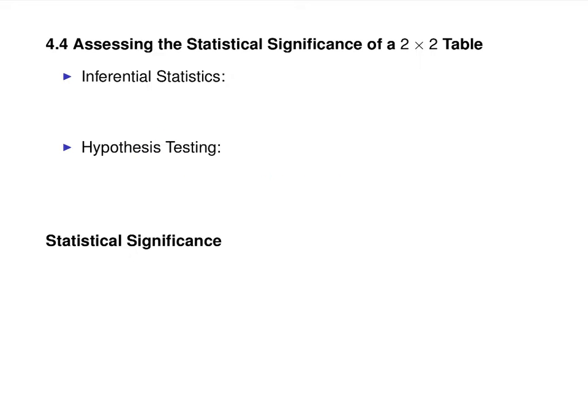And so far, I've given you rules of thumb to tell you, okay, this is a big enough difference and that is not, okay? So that's a procedure called inferential statistics. And we'll talk a lot about this semester. This is kind of like a baby introduction.